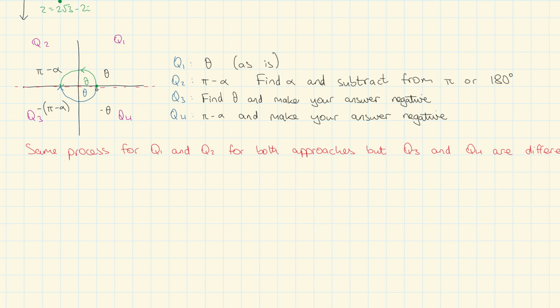And then if we land in Q3 or Q4, we start moving in a clockwise direction, anti-clockwise up on top, clockwise below. So the minute we start moving in a clockwise direction, we need to make our answers negative. So you'll see Q4 takes the same approach as Q1, but you make your answer negative, and Q3 will take the same approach as Q2, but make your answer negative. So essentially, the x-axis is your axis of symmetry.